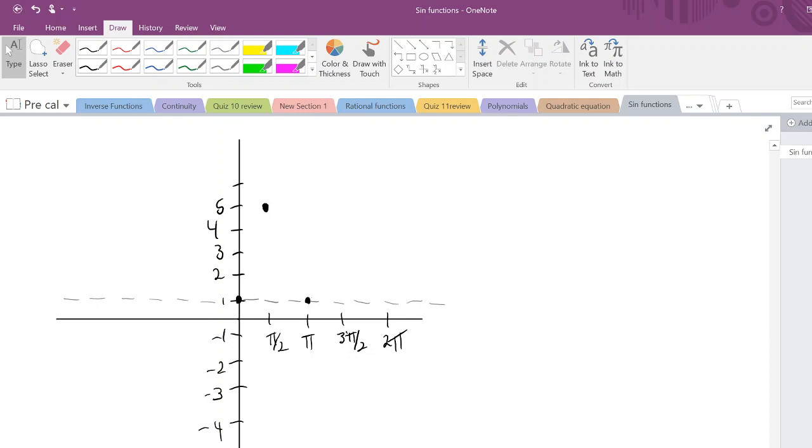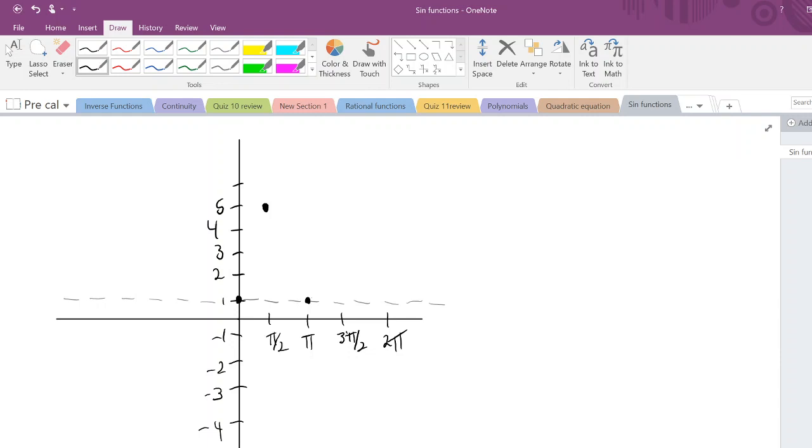It's pretty simple. Your highest point is always going to be your vertical shift plus the amplitude, and your lowest point is going to be the vertical shift minus the amplitude.